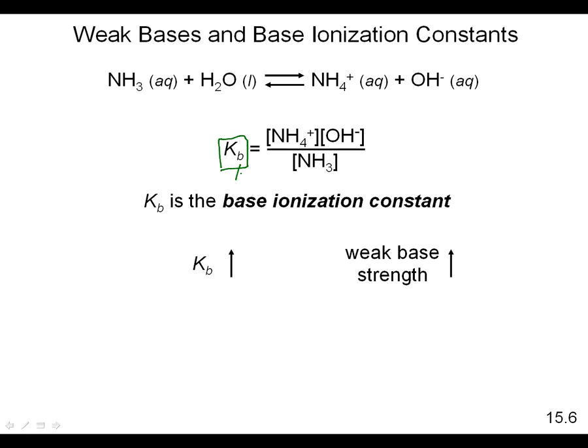So this is the equilibrium constant for a weak base. And it's just like all the other equilibrium constants, it's our products over our reactants. It also means that if we want to calculate the concentration at equilibrium, we are also, for these guys, going to have to do ice tables.